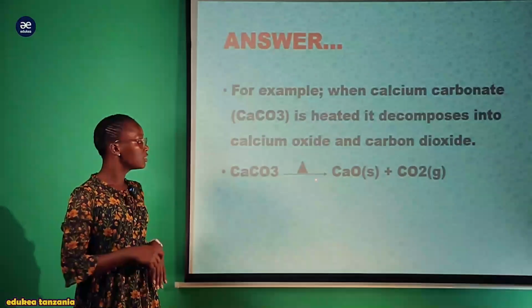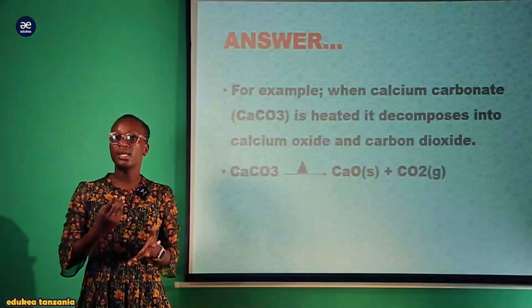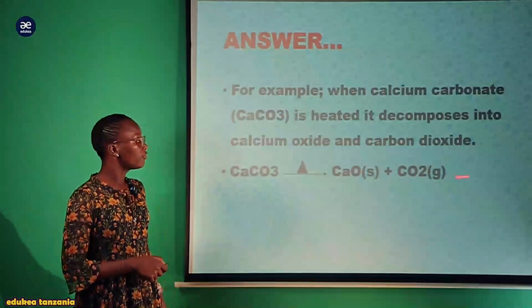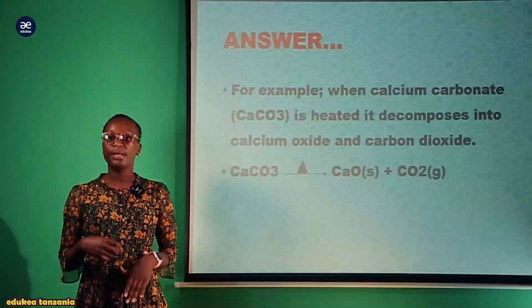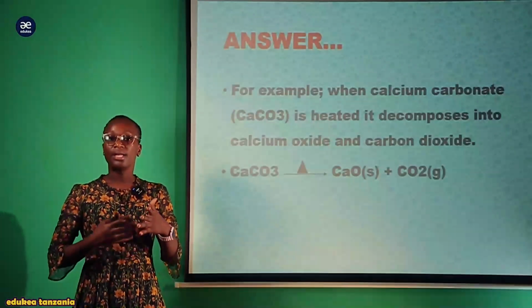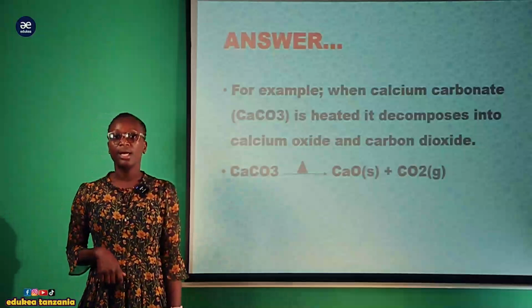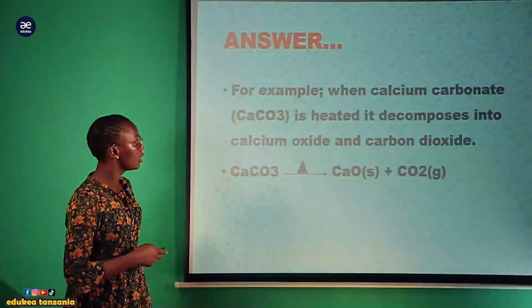But also make sure unaonyesha hizi state of matter, kama ni liquid, ni gas. Kwa mfano carbon dioxide gas unaonyesha kama unavyoona hapa, kama ni salt, kwamba ni liquid, whatever. So mwanafunzi atakiwa attempt swali lake namna hii na apate marks zake zote.